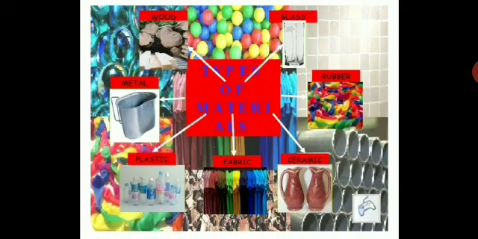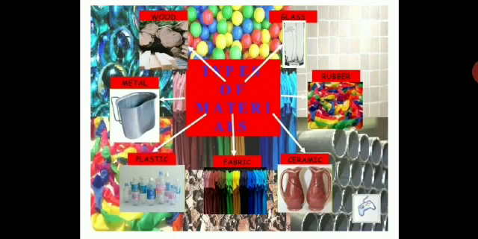Now let us see different objects made from the same material. Here you have different types of materials, and you can make different objects with them. Here you can see flowers made up of ceramic. Fabric can be used for different types of clothing. Plastic can be used to make water bottles.